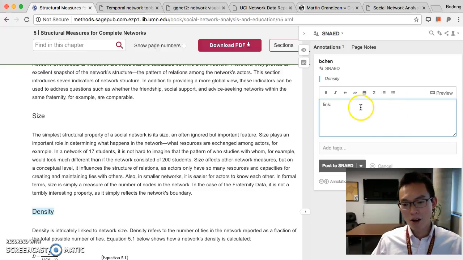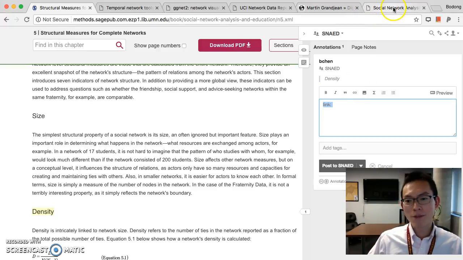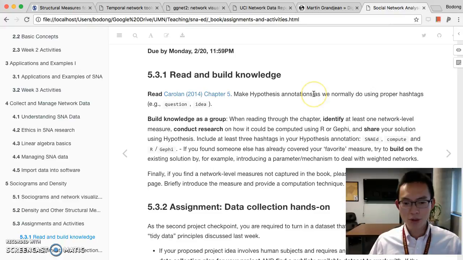Or if you're using R, you can just write the command of R here, so that other people can learn by reading your contribution in the form of annotation. And then we can keep doing this, and it's like building a wiki of doing social network analysis computation together this week. And we can keep doing this in later weeks as well.